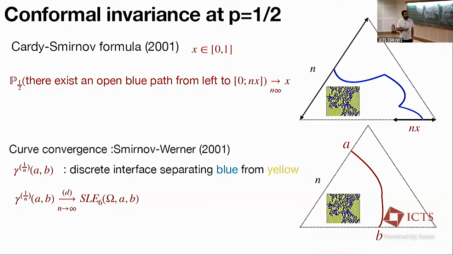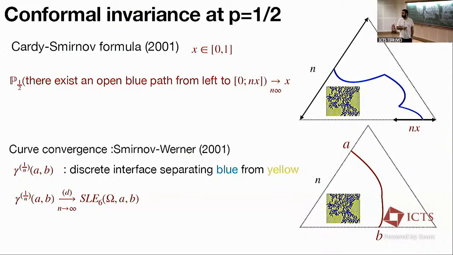This probability actually goes to x when n goes to infinity. So the probability of a connection event like this from this arc to a portion of size x is actually equal to x.